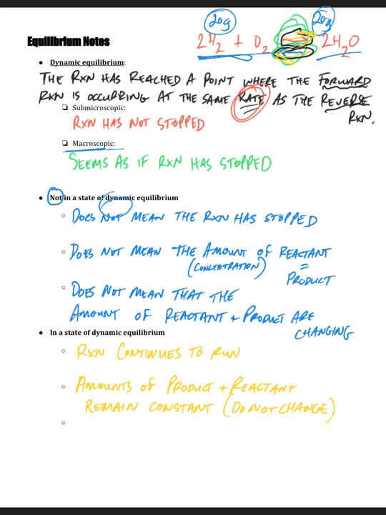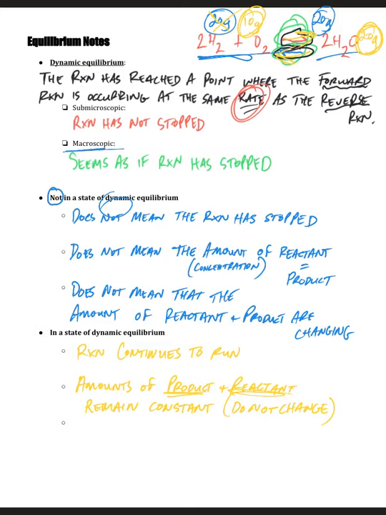And that's probably the biggest thing to understand. When something is at equilibrium, it means that the amount of product and the amount of reactant is not going to change. Meaning, let's say I had 10 grams of this and 20 grams of this. If something is at dynamic equilibrium, it means the reaction would continue, but I would continue to have 20 grams of the product and I would continue to have 10 grams of the reactant.